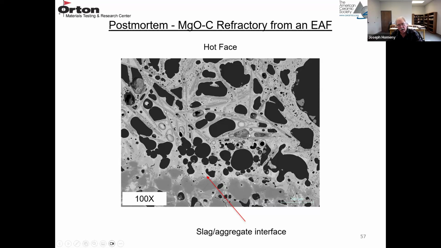I don't think I analyzed them, but it's most likely merwinite or monticellite, a calcium, silica, magnesia compound. And you can see these individual crystals of MgO, how the slag, the lighter gray, is penetrating, and these crystals are starting to float out and dissolve in the slag.